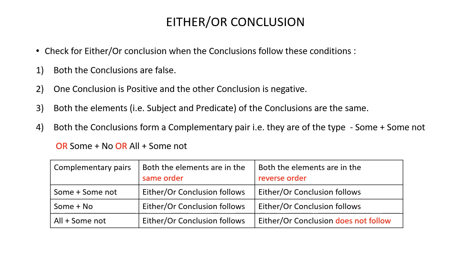But for the complementary pair all, some not, either or conclusion will follow only if the subject and predicate are in the same order. If the subject and predicate of the conclusions are in reverse order, then either or conclusion does not follow for the complementary pair all, some not.